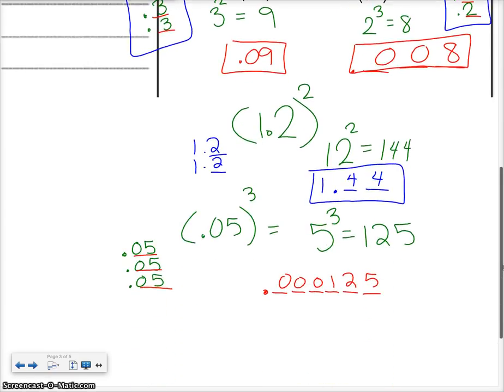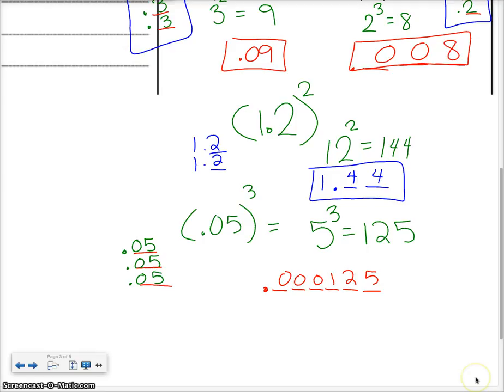And that's a strategy that will always work for you. If you're struggling trying to determine how many spots should I have, just expand the product like I did here. 0.05 cubed is 0.05 times 0.05 times 0.05. And then I went ahead and calculated how many spots to the right there should be to my product.